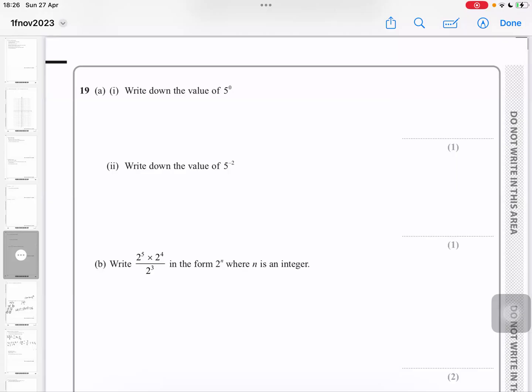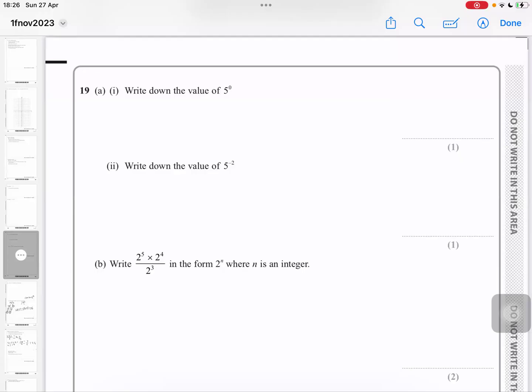The next one says write down the value of 5 raised to power minus 2. Okay, so this is how I usually remember these things. Whenever you see a minus, a negative, that's a negative power, always remember it is 1 divided by that power.